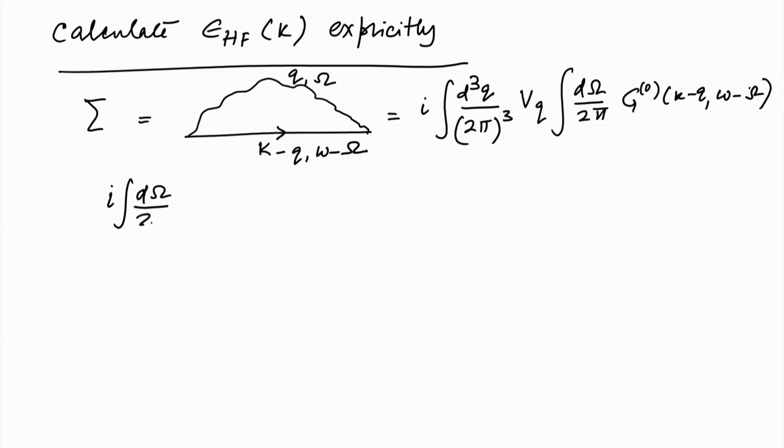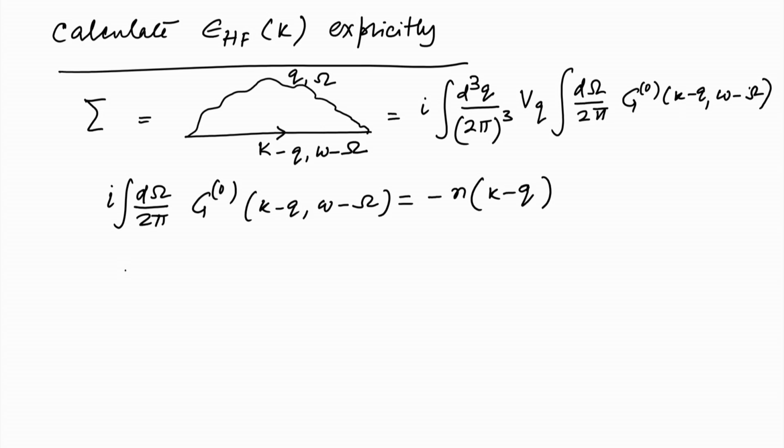Then we have d omega by 2 pi and G0 of k minus q, omega minus omega, which looks like a simple minus n k minus q. This was introduced once while writing it, and then we had again written it as a Green's function. So, as omega goes to 0, it will take the form of a number operator n k minus q.